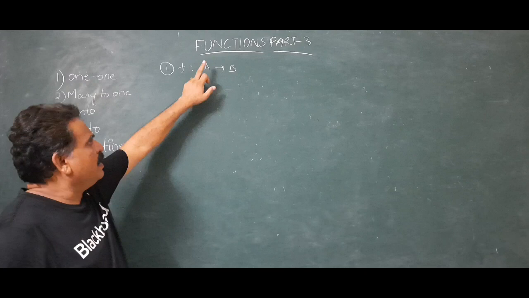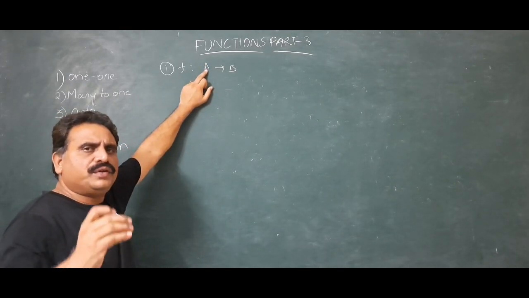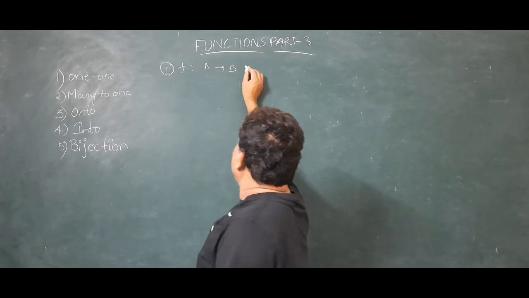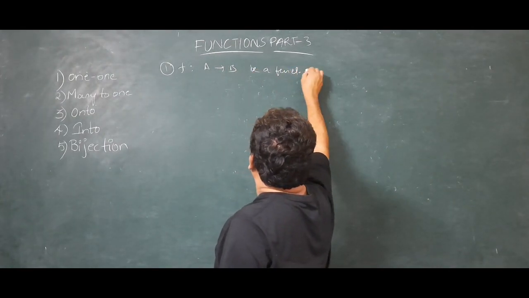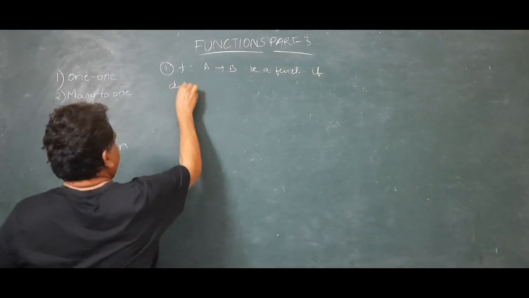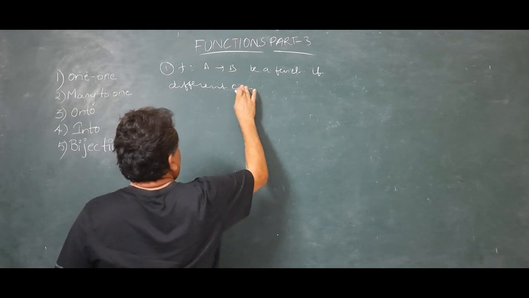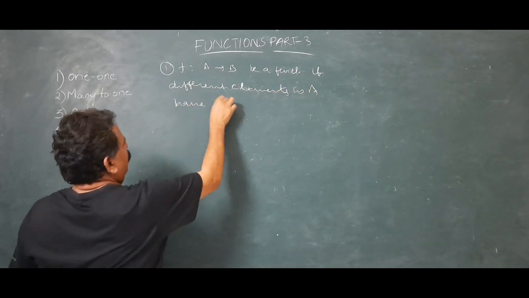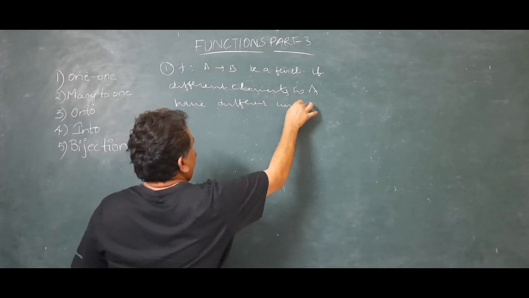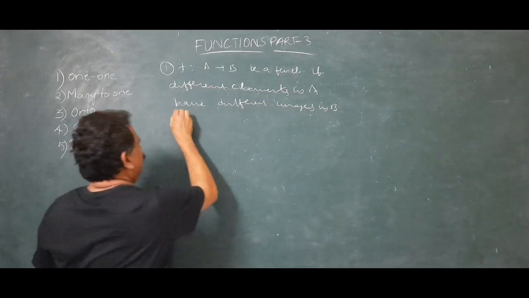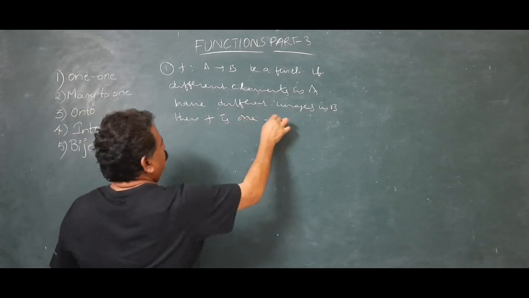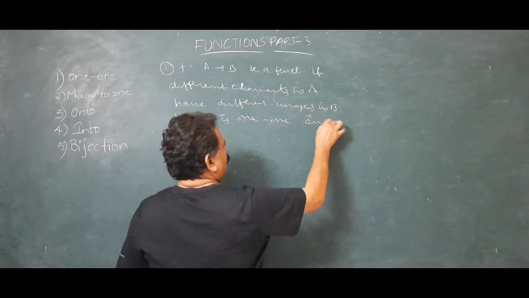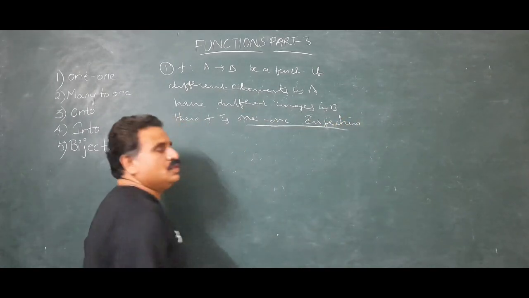If different elements in A have different images in B, then f is said to be a one-one function. The one-one function is also called an injection. One-one or injection, both are the same.